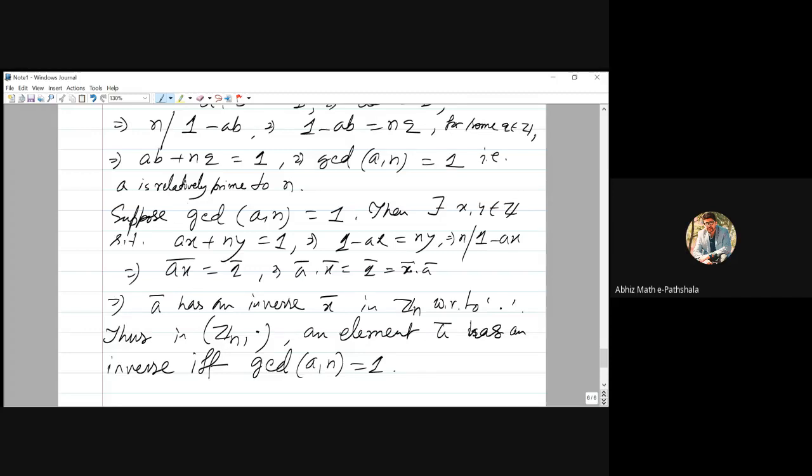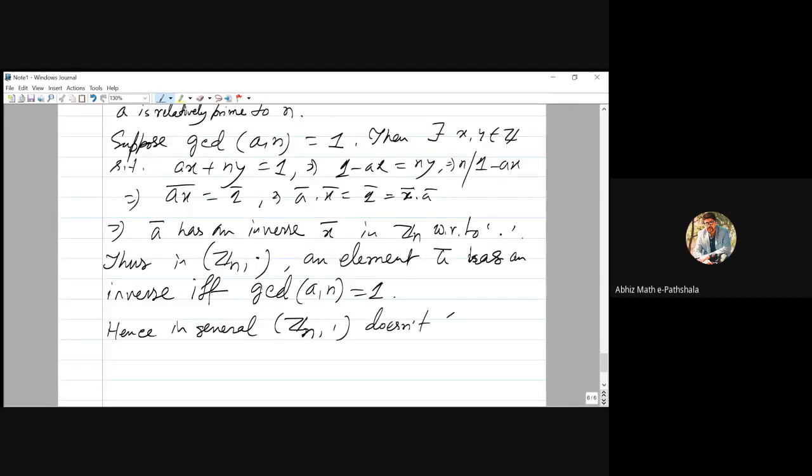That is, these elements have some special property, that is, the GCD of a comma n must be 1. Fine. So hence, in general, Zn dot doesn't form a group.